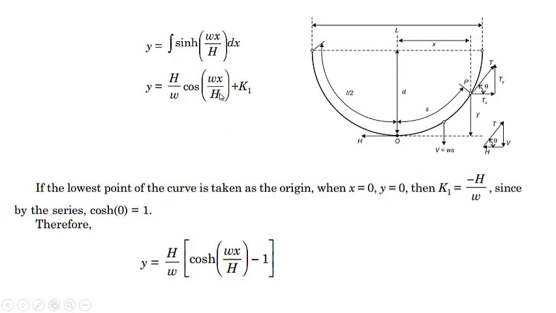Putting x equal to 0, this term will be equal to 1. So it will be equal to h by w. That means 0 is equal to h by w plus k1, or k1 is equal to minus h by w. So therefore, y is equal to h by w cos hyperbolic wx by h minus 1. This is also an important equation which gives us the intermediate value of y from point O to this support point.